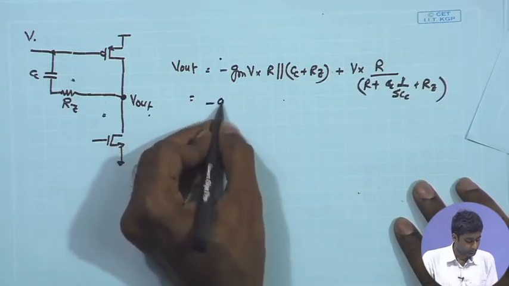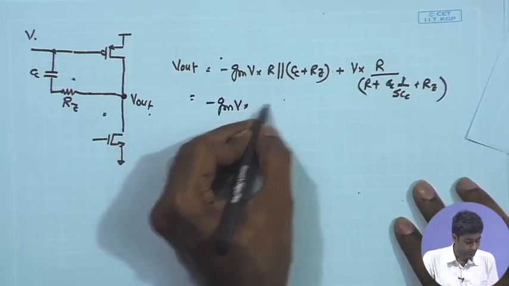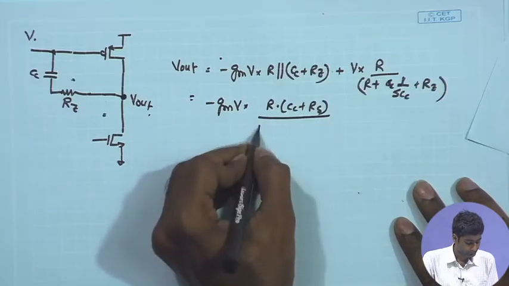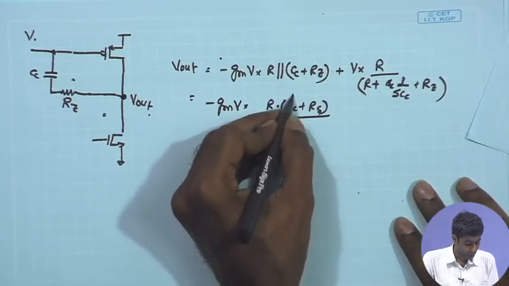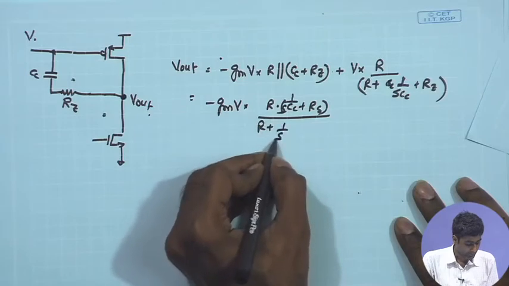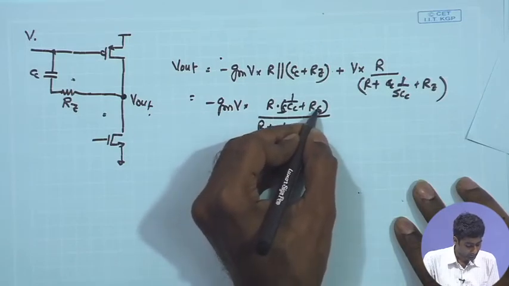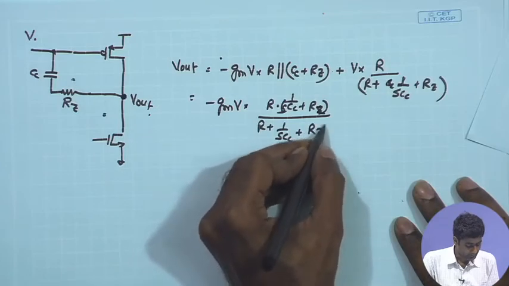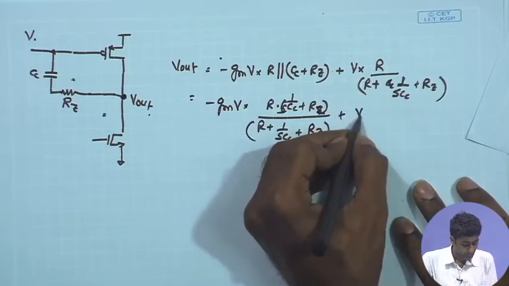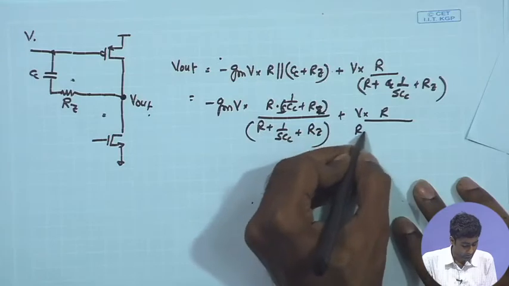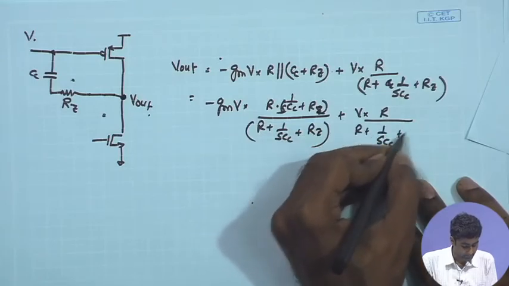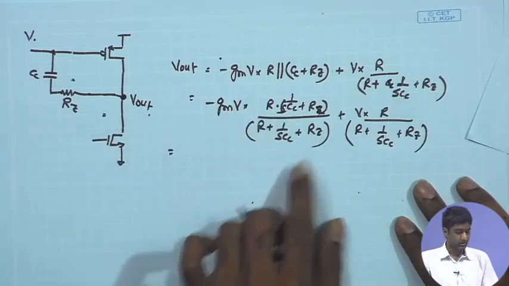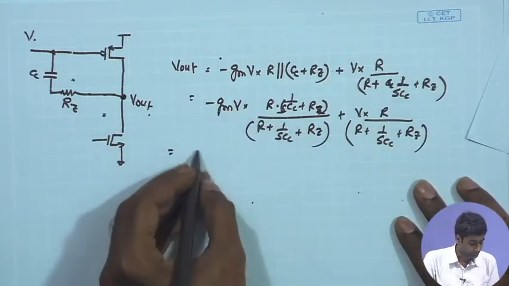So, we can try to solve this and look at the overall expression. One upon SCc plus Rz, plus V times R upon R plus 1 upon SCc plus Rz, and I can once again take out some factors as common.